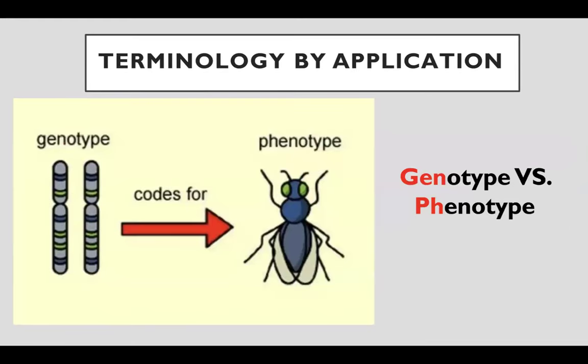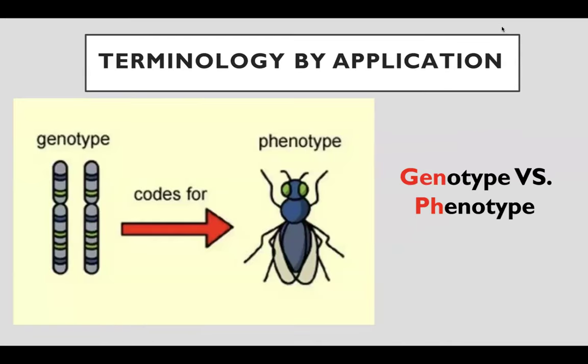So genotype versus phenotype. What's the difference? So genotype is the actual genetic makeup of an individual. So when someone asks for the genotype, they're referring to the specific combination of alleles, such as uppercase R, lowercase r, etc. So genotype refers to the actual combination of the alleles, while phenotype refers to what's seen physically, the actual physical appearance of that individual.